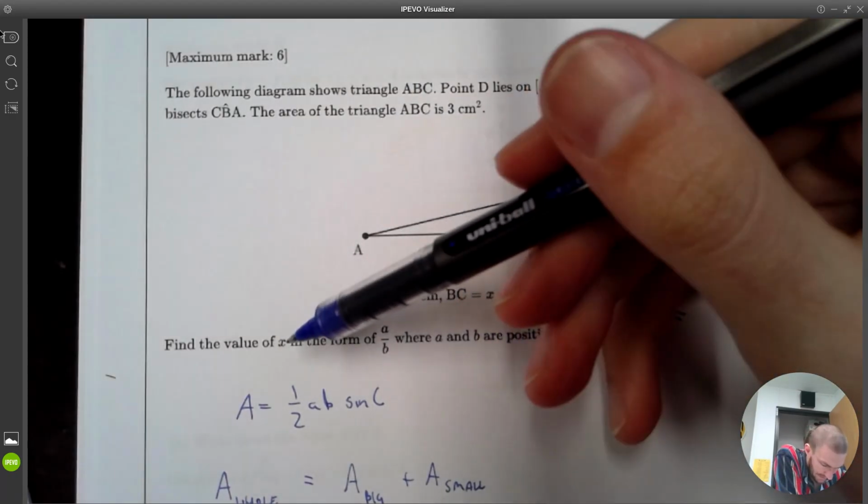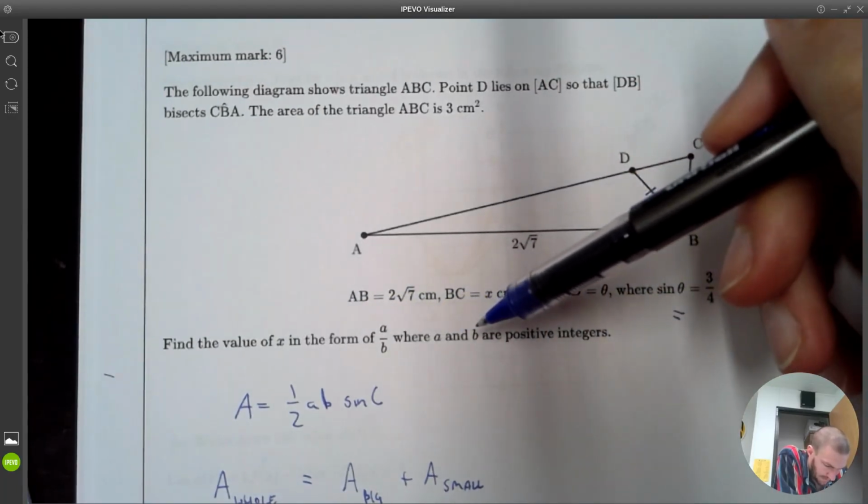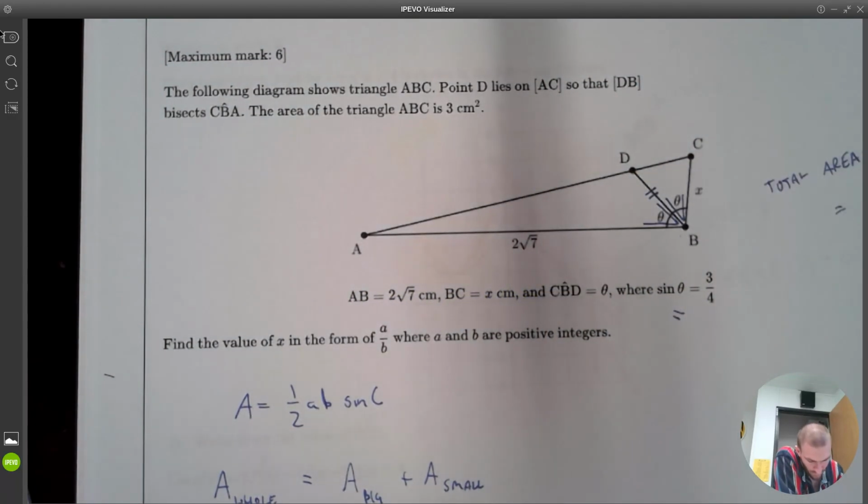So I would need to find x in the form of a fraction where a and b are positive integers. Now, if they're positive integers, that means an integer doesn't have a decimal, right? And so that means that the square root of 7 is not in a good spot either, because the square root of 7 is irrational.